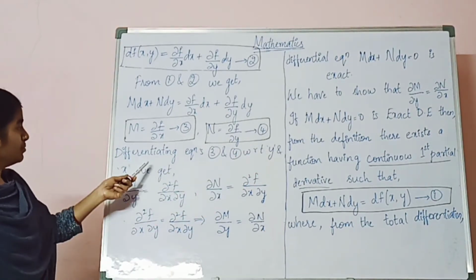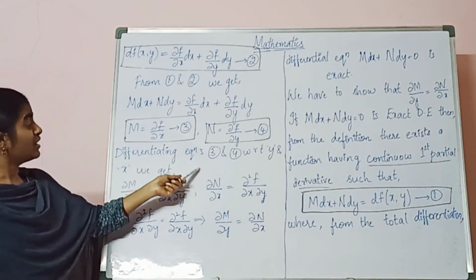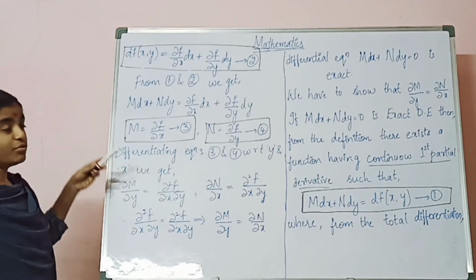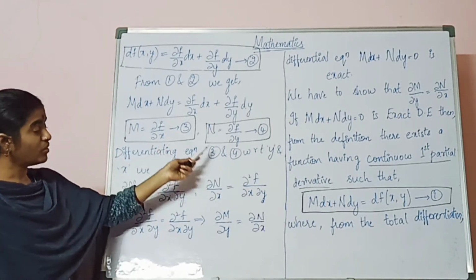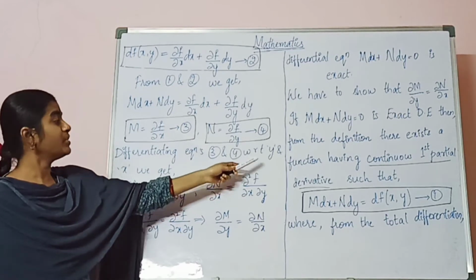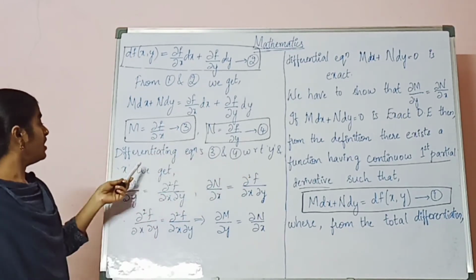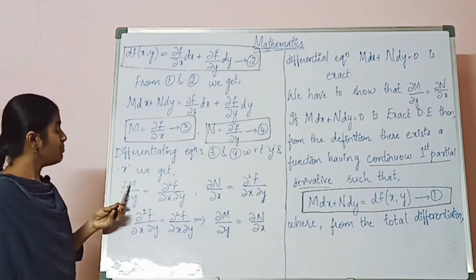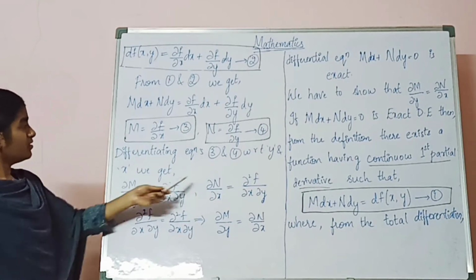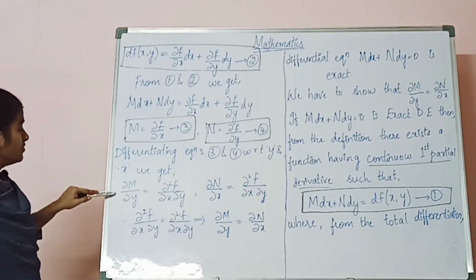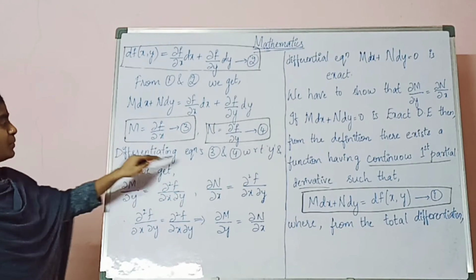Now what we have to do is differentiate equations 3 and 4. We are going to differentiate these both equations with respect to y and x. We get ∂M/∂y; M we are differentiating with respect to y.